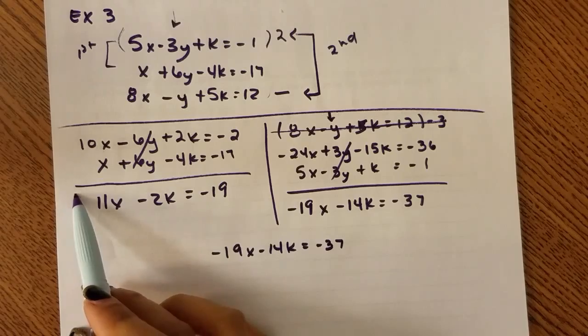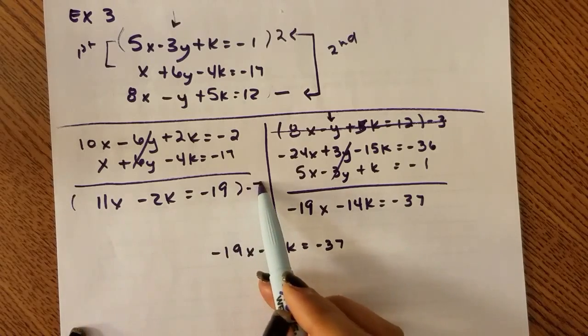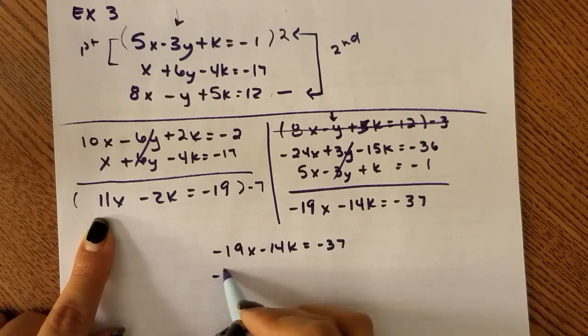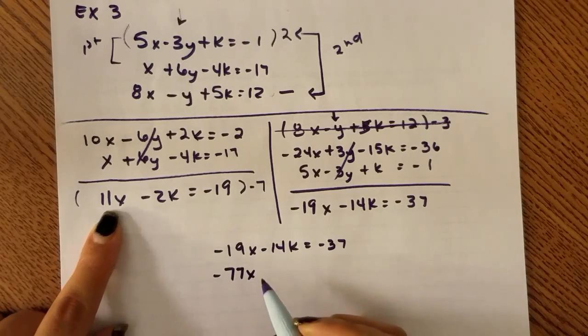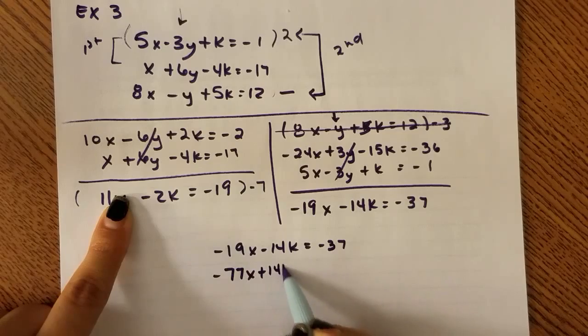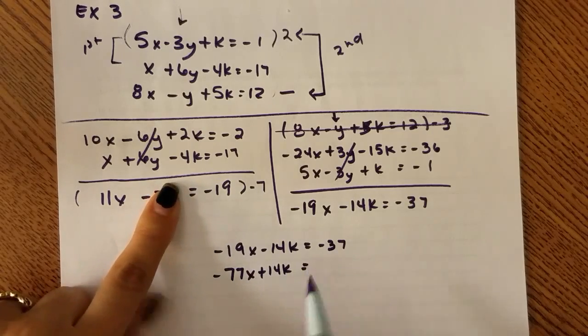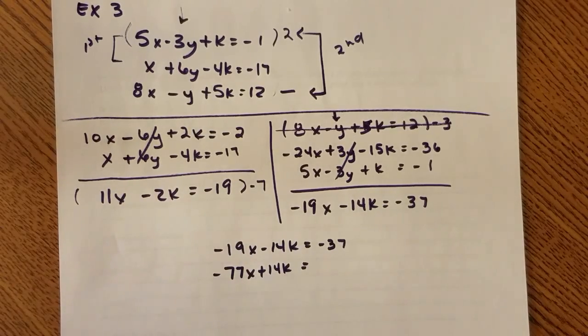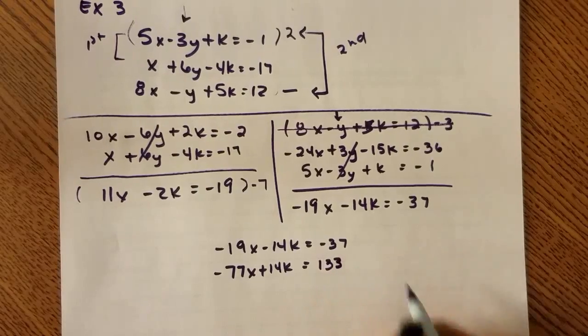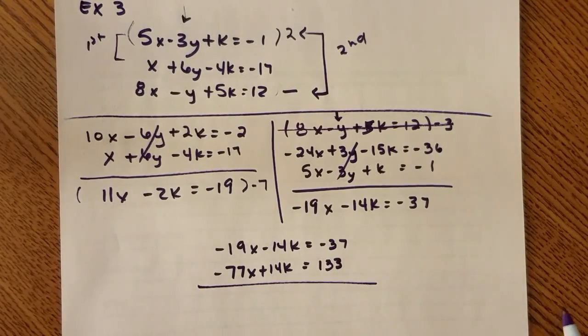And now I'm going to multiply this one by a negative 7. So negative 7 times 11 is negative 77x. Negative 7 times negative 2 is positive 14k. And negative 7 times negative 19 is 133. Fun, right? Okay, so let's eliminate k here.